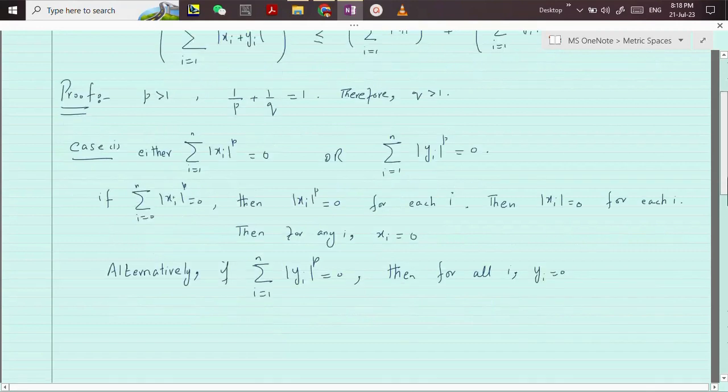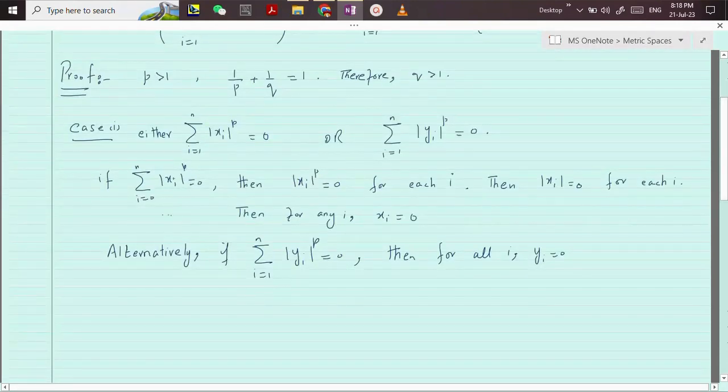So in both the cases, this one or this one is satisfied, so 1 holds.